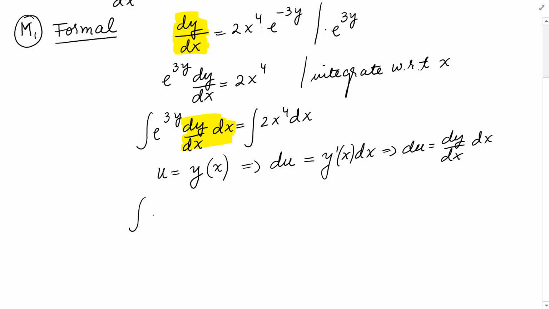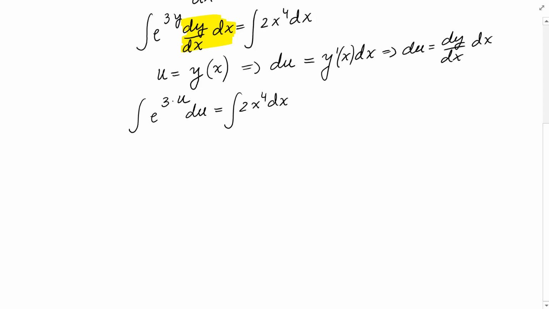So we get the integral of e to 3 times y, but y is u now, right? I'm using the substitution. du equals the integral of 2x to the 4th dx. And we can integrate now. The left-hand side is going to be e to 3u over 3. The right-hand side, and I can actually do one more step, it's an indefinite integral, so we can write plus c1.